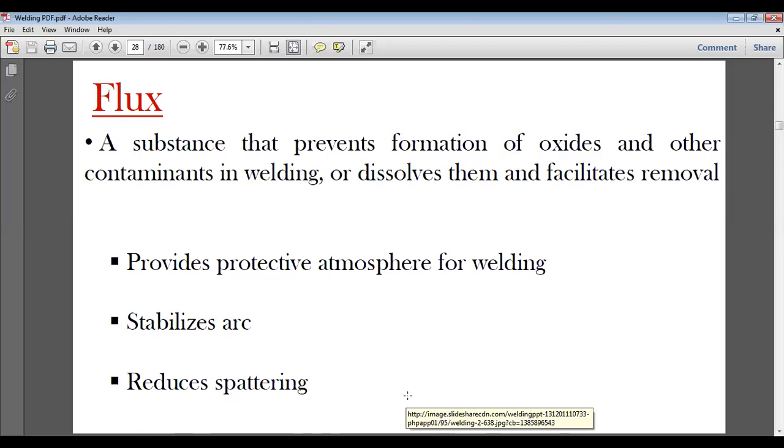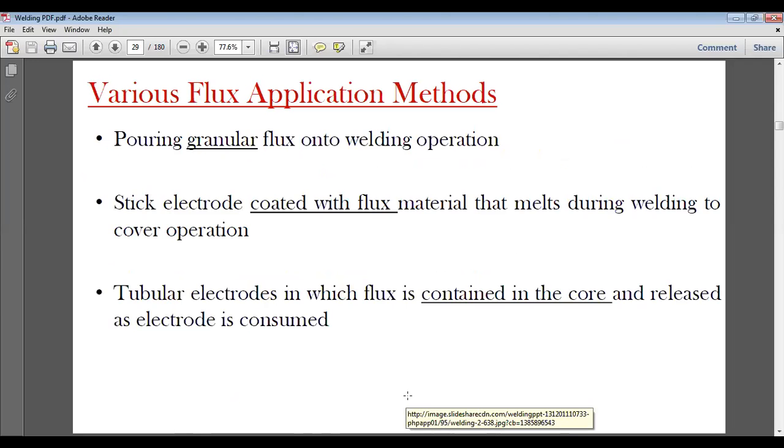We'll be discussing spattering later on, but right now the role of flux has three factors, and we'll be discussing one by one. Flux application method: pouring granular flux onto the welding operation, and as we told, the electrode is covered with a material and that melts and creates an inert environment all over the welding pool.